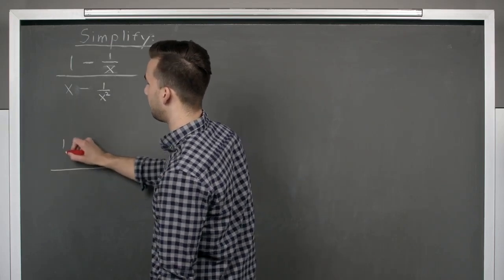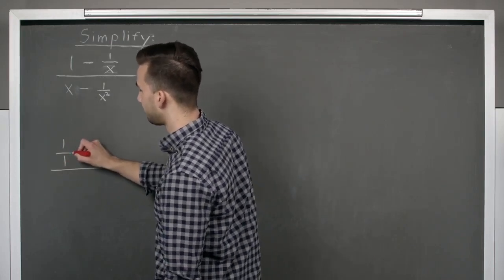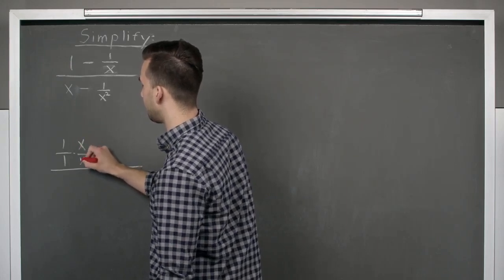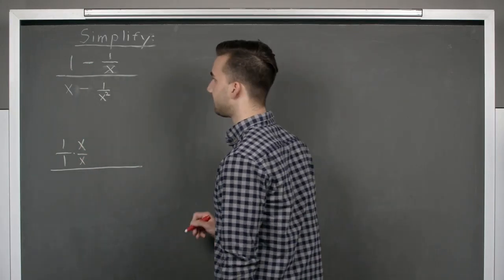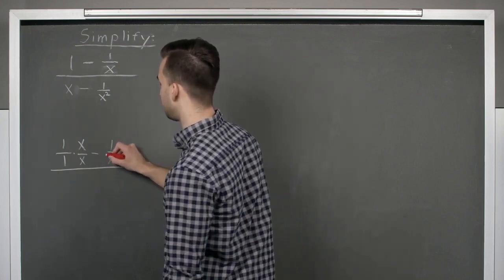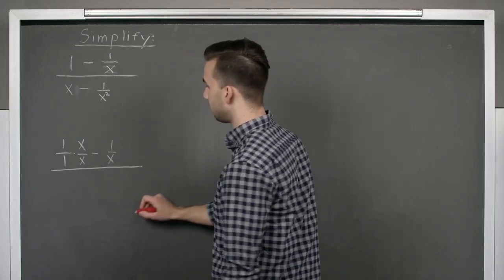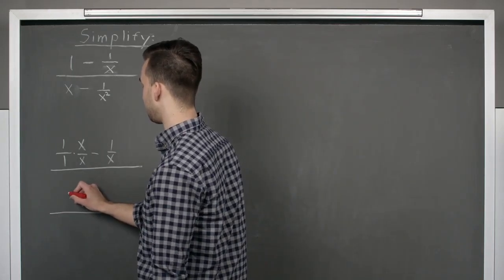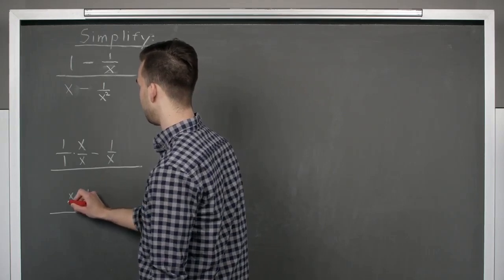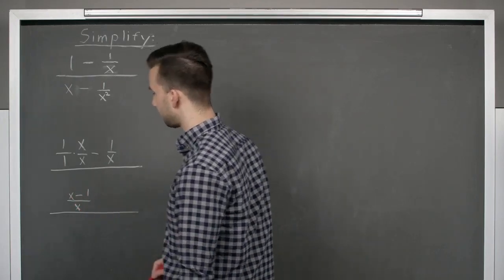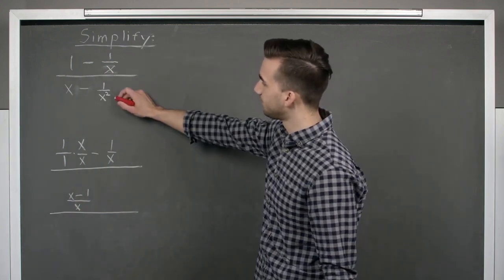So we have 1 over 1 here times x over x, to get a least common denominator, minus 1 over x. So we have x minus 1 over our common denominator of x. So now we have the bottom.